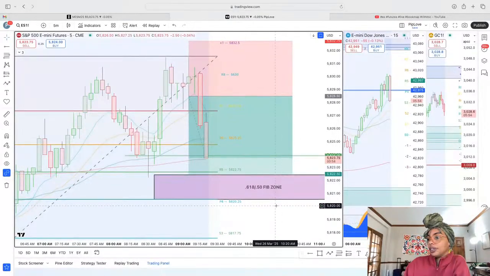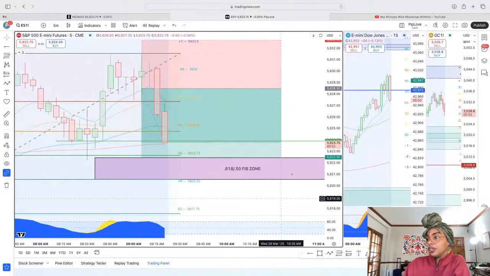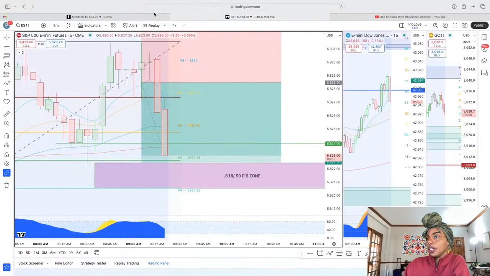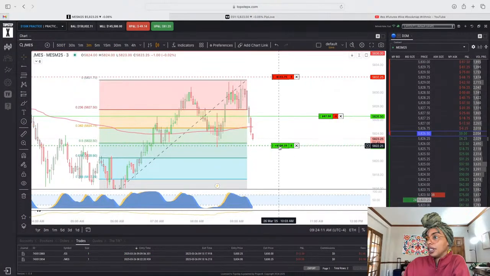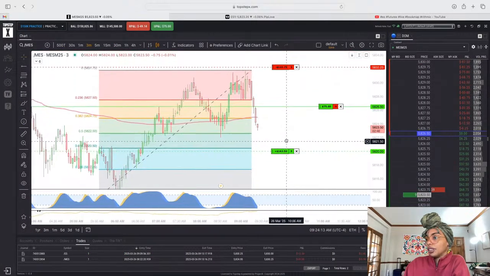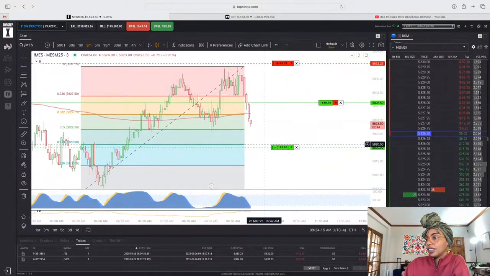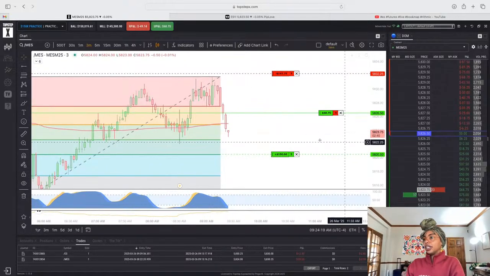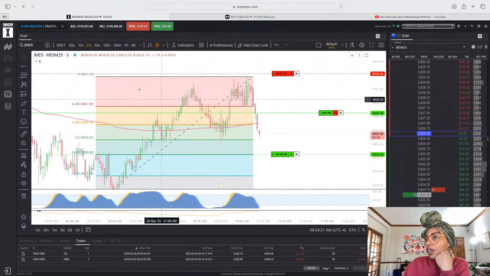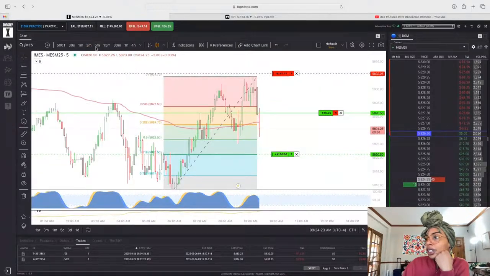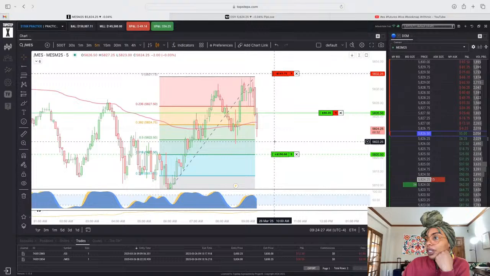What is our trade doing? Still coming down lower and lower and lower. Now we can adjust our stop loss down to the next level. Looks like it's still pushing down a little bit lower. Let's go ahead and see if our trade's going to come down here to this 61.8.